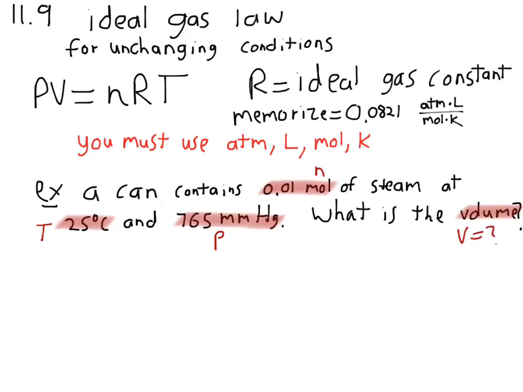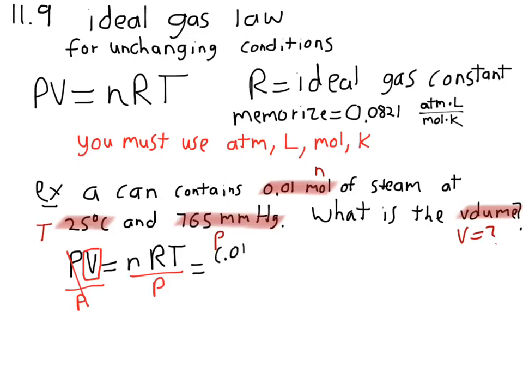Once you identify that the problem only has one of each gas measurement, you know that the equation is the ideal gas law, PV equals nRT. We're trying to solve for V, so I'm going to divide by everything that is with the V, which is the P. So the P's cancel out on the left side, and my equation is V equals nRT over P. Now I plug in my numbers, being very careful to use moles and atmospheres and Kelvin and liters.